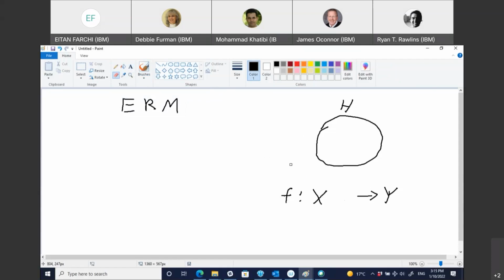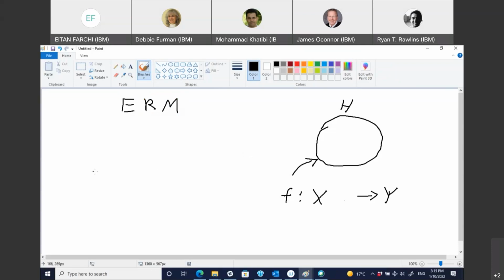And the function comes from this space here.